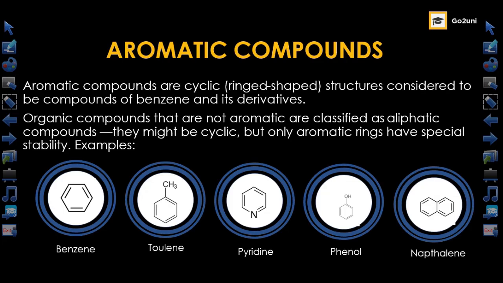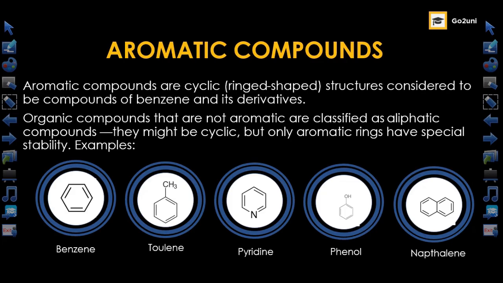Pyrimidine has nitrogen atoms replacing carbon atoms that were initially there, so it is also an example of a heterocyclic compound. It is both heterocyclic and aromatic. Toluene has CH3, a methyl group. CH3 in organic chemistry is referred to as the methyl group. We're going to see why it is called methyl as we proceed in our lesson today.